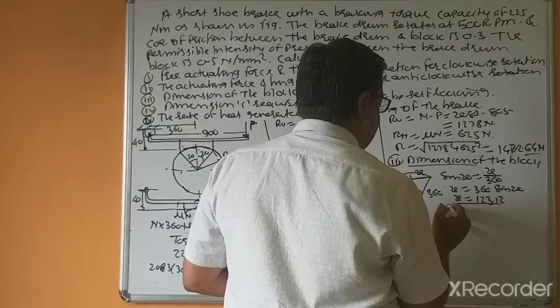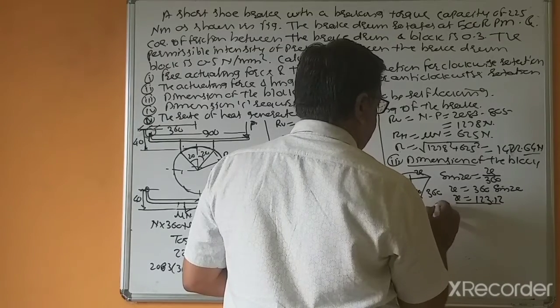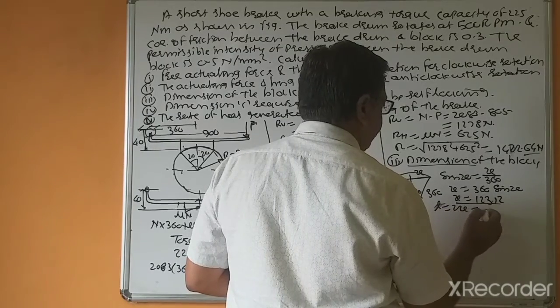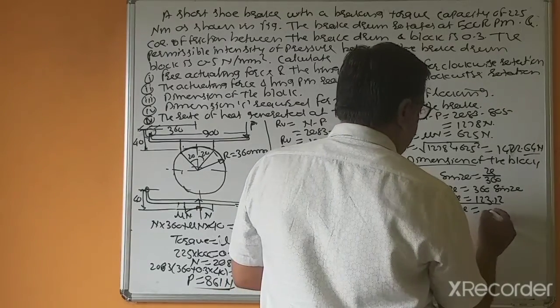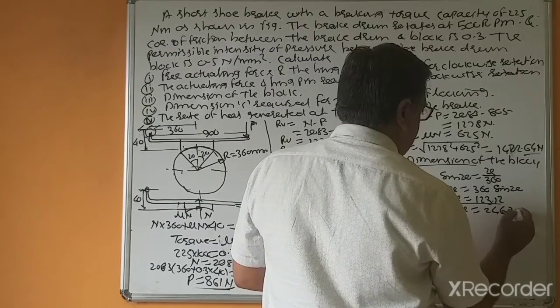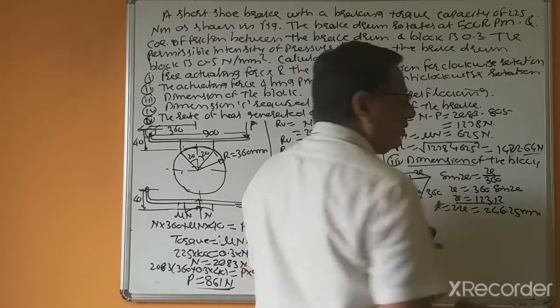So this 2x equal to length, equal to 2 multiplied by 123.12, this is 246.25 mm length.